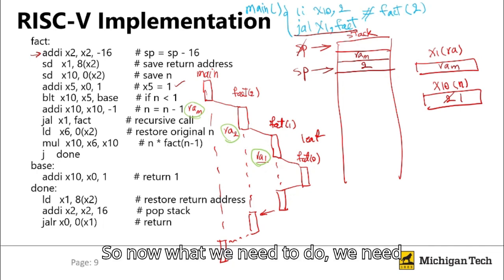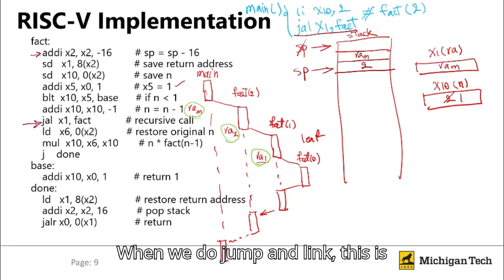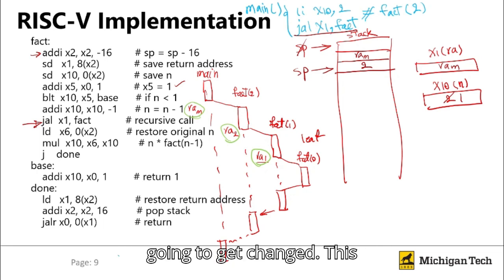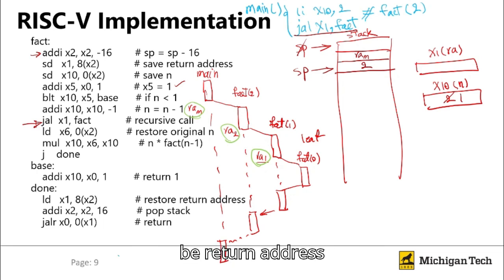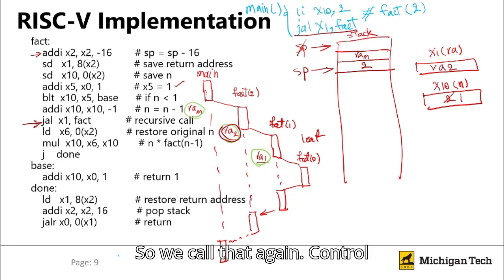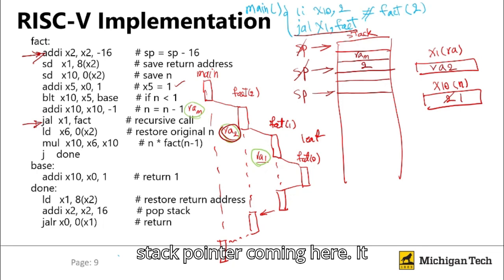So now what we need to do is call jump and link again. When we do jump and link, this value is going to change. It's going to be return address 2. Right now we are here. So we call that again. Control comes here again. It allocates another 16 bytes, the stack pointer moves here.